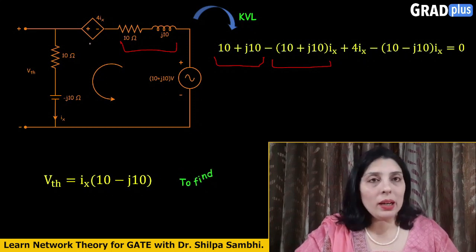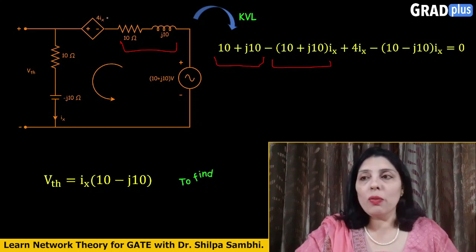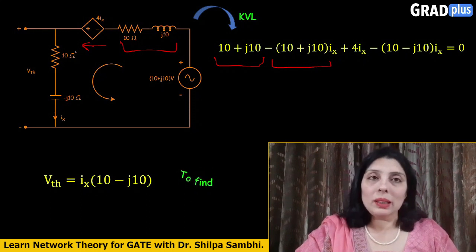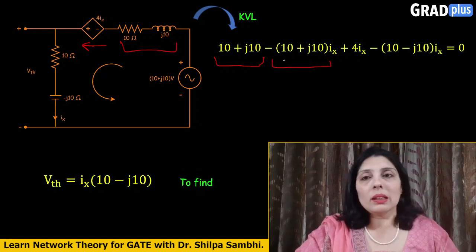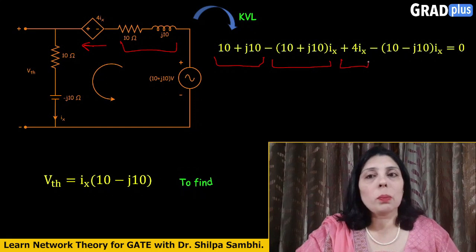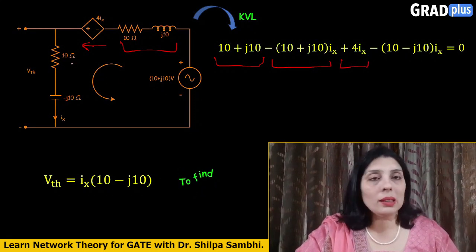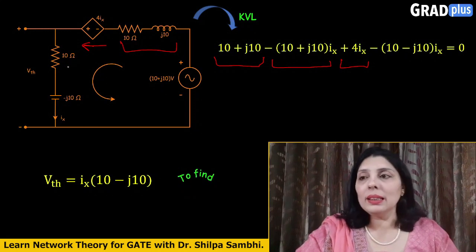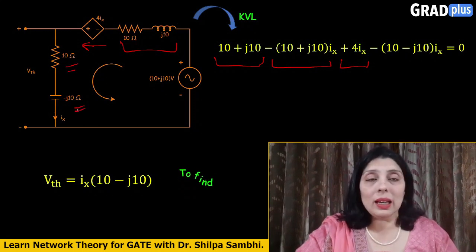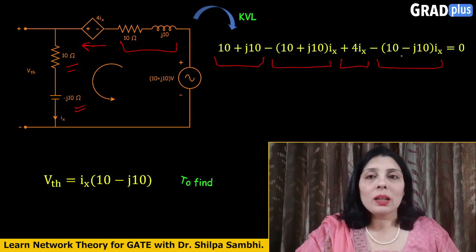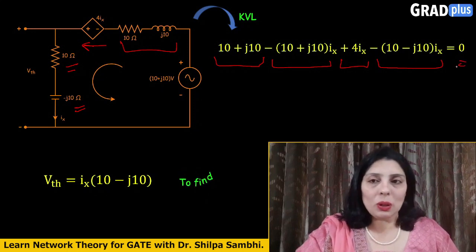Then there is a dependent voltage source, the value of which is 4Ix. As per the polarity and the direction of current, we take the potential to be positive, and that is why it is written as plus 4Ix. Then in the last branch, we have the impedance 10 minus j10 ohms, so that is written here, minus (10 minus j10) into Ix, and this is equated to 0.